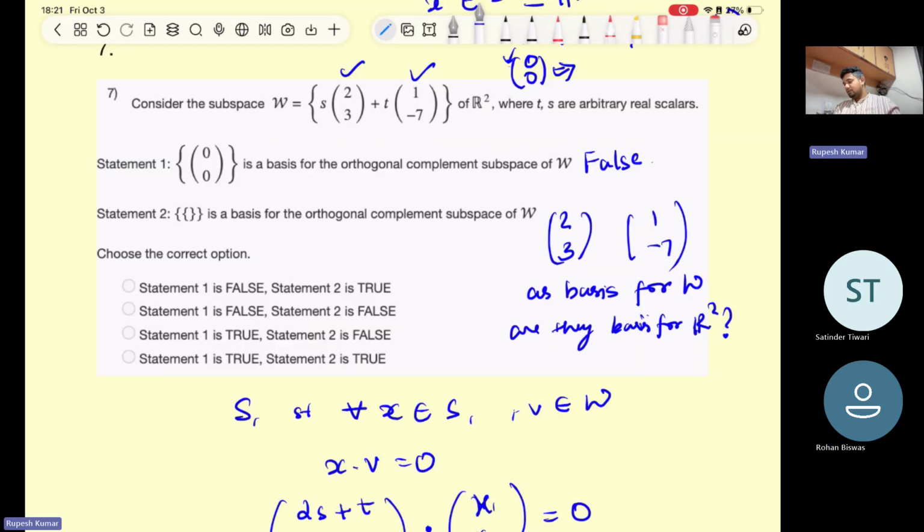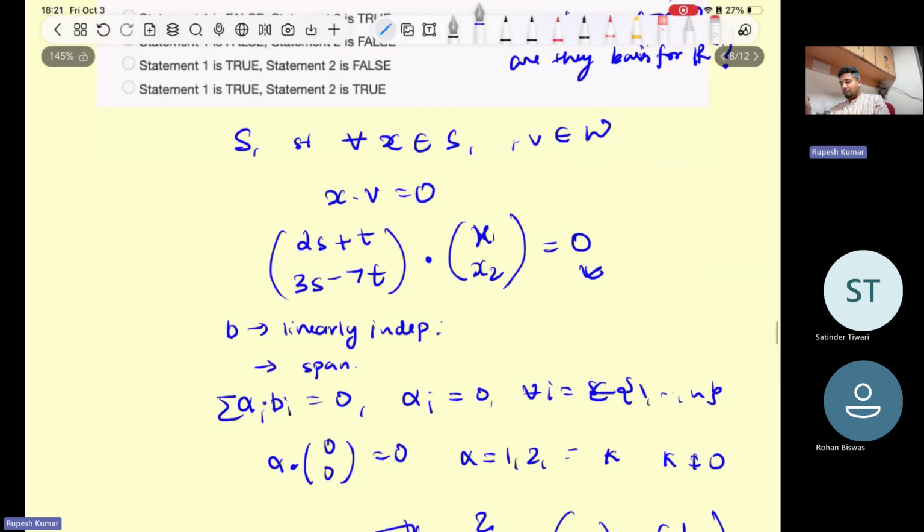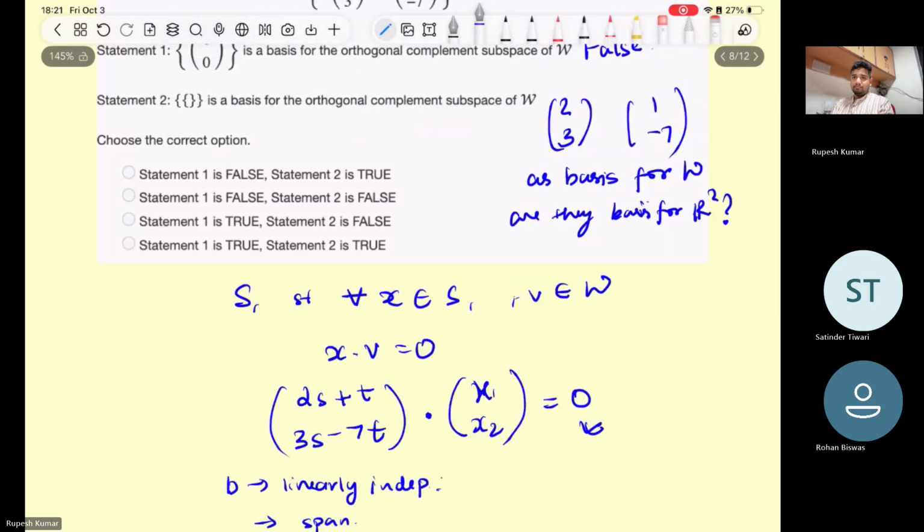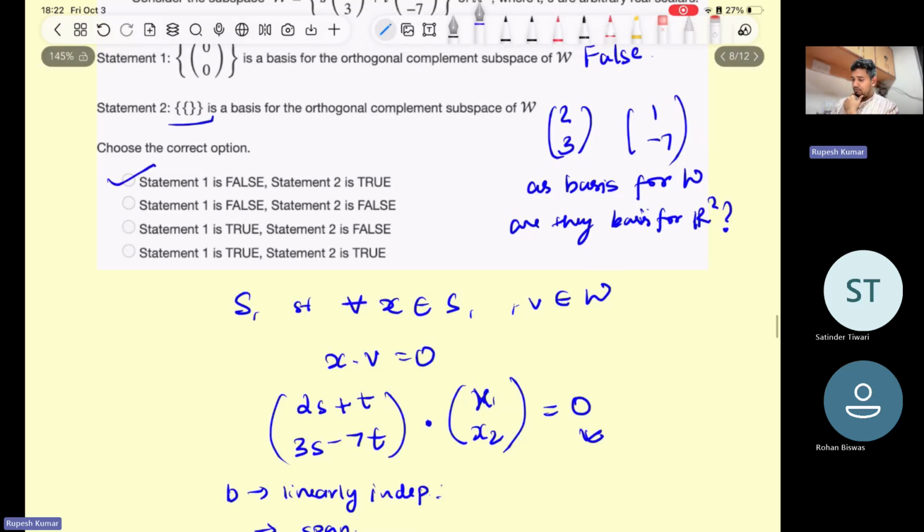Since the subspace contains no vectors, and you cannot choose 0 because 0 cannot be a basis, as we already saw in the first part, when you check it for the empty space, you don't need any vector to span that space. So basically, the empty set can be used as a basis, right? So this is a basis for the orthogonal complement of this. So statement 1 is false, statement 2 is true. Option A. Do you have any doubts?